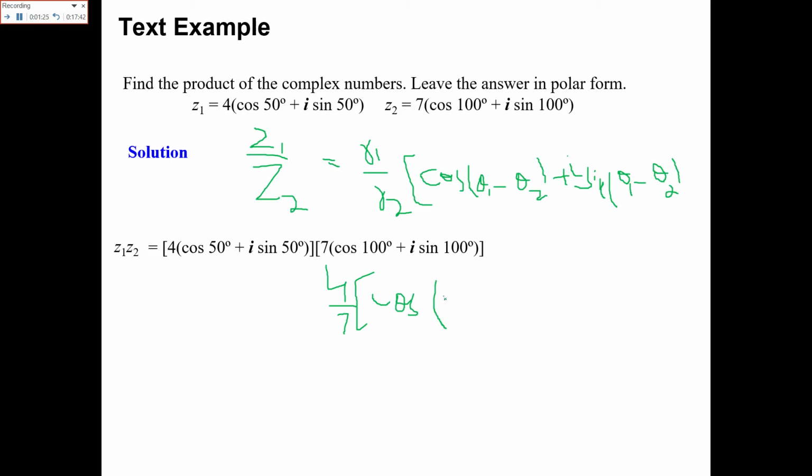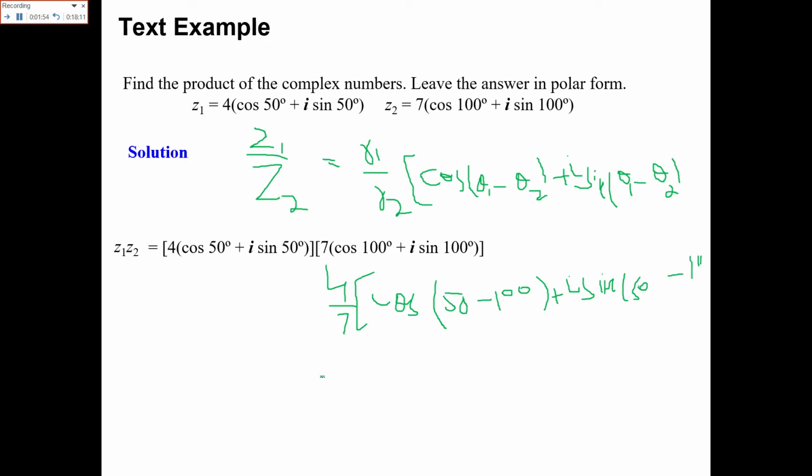So it will become 50 minus 100) plus iota sine (50 minus 100).